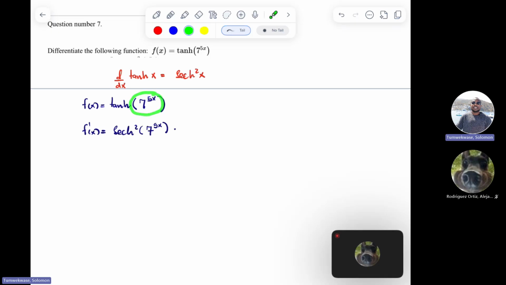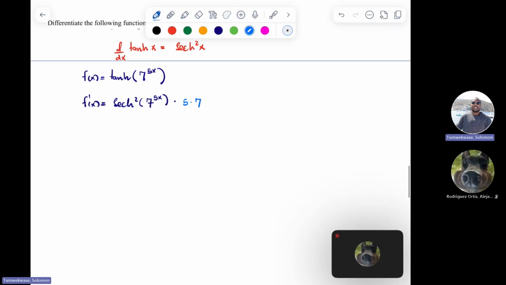If you remember very well, it is the derivative of the power, which in this case is 5, then keep the same function the way it is, then times the natural log of a, and in this case, our a is just 7.